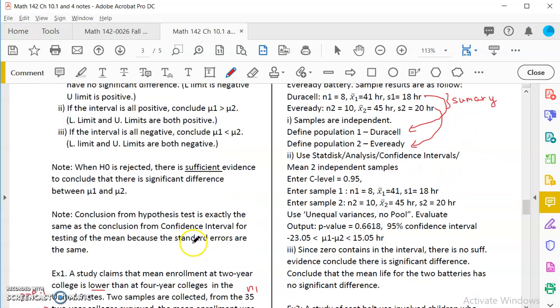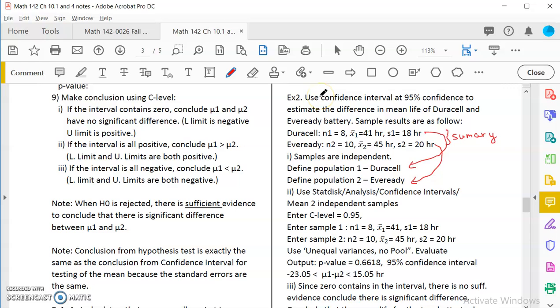If they're written in a paragraph, then you should line them up, but this is already well written. What are we doing? We just estimate how much the difference in mean life is. So there's no need for a hypothesis, and they have given us a confidence level, which is 95.